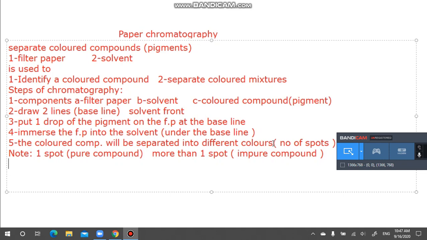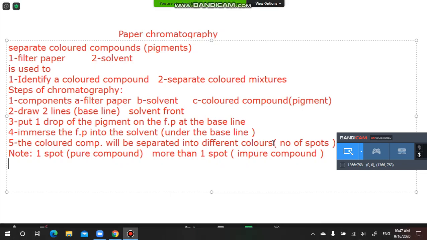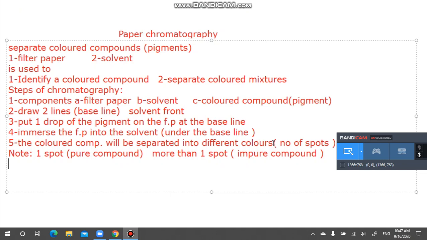These impurities give more and more spots. If you have a cocktail juice, for example, and the company like Al Marai, Nadec, and so on, tells you that this cocktail consists of 4 components, for example orange, strawberry, banana, and apple, you can make paper chromatography to ensure that it contains 4 components.